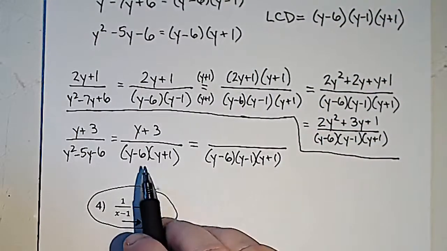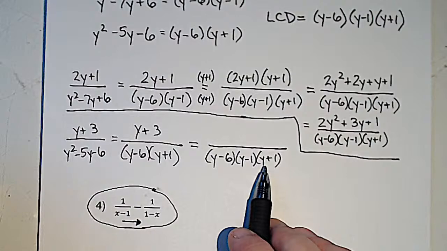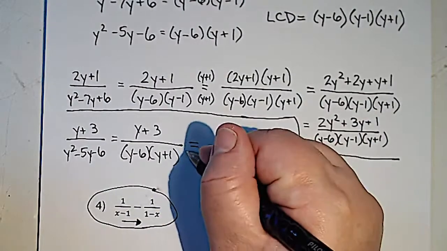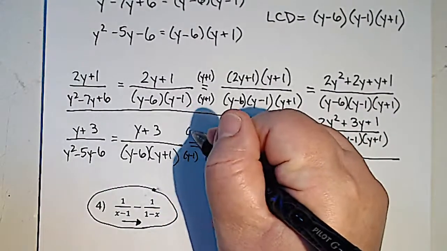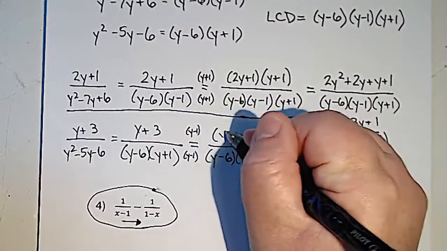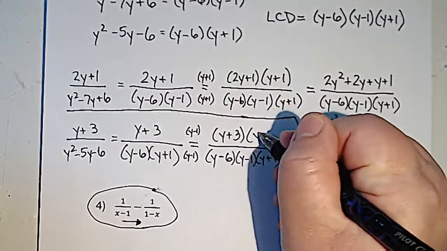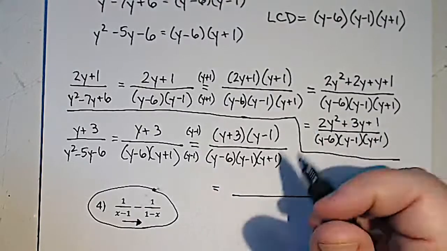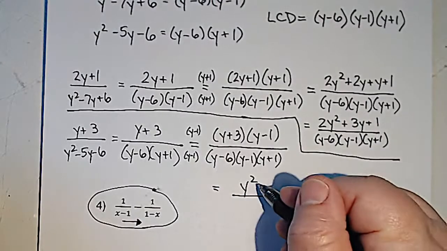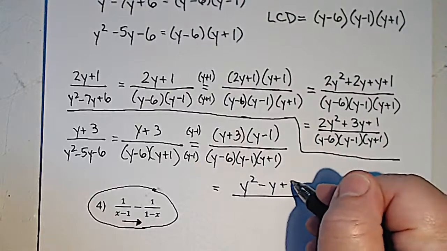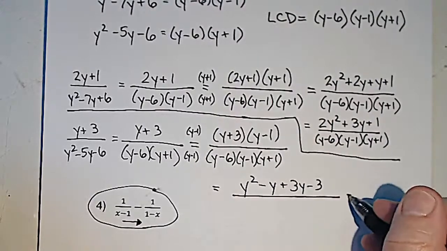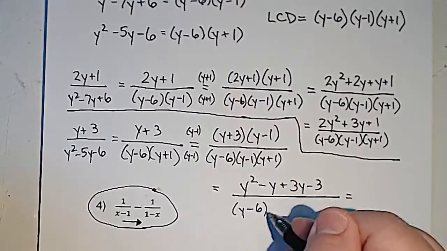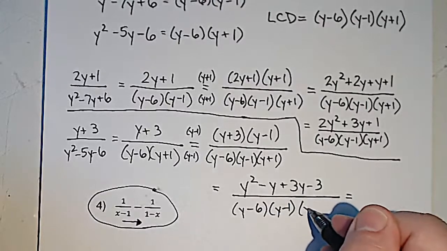So what isn't here that is here? You're right, the y minus 1. So I've got to stick a y minus 1 in here and a y minus 1 in here. So this becomes y plus 3 times y minus 1, and that equals, oh my gosh, y squared minus y plus 3y minus 3, over y minus 6, y minus 1, y plus 1.